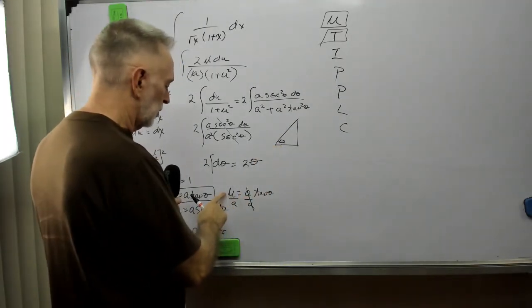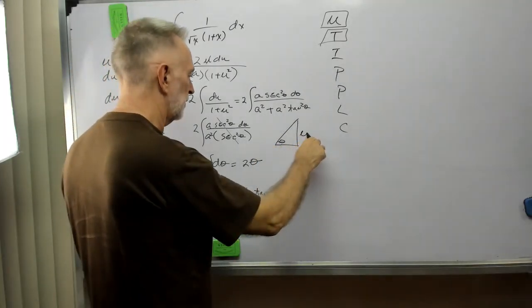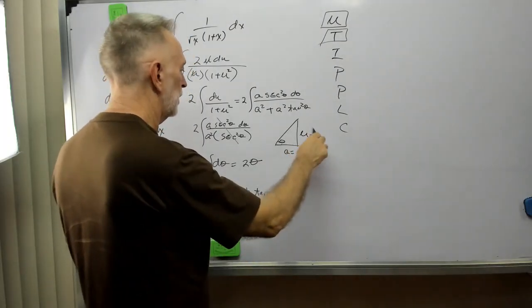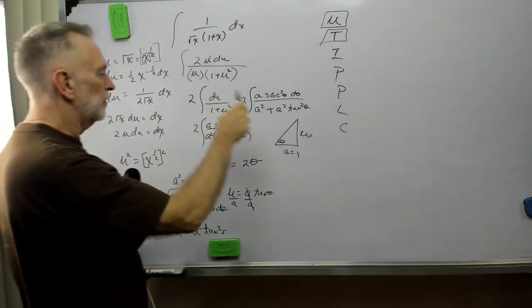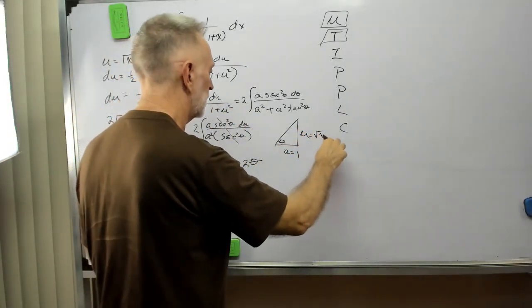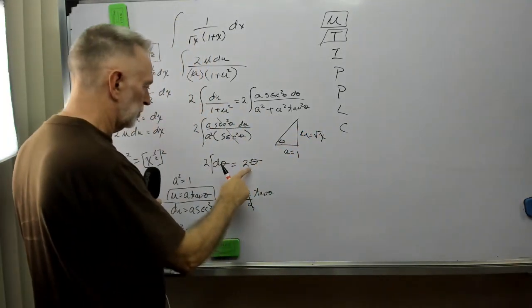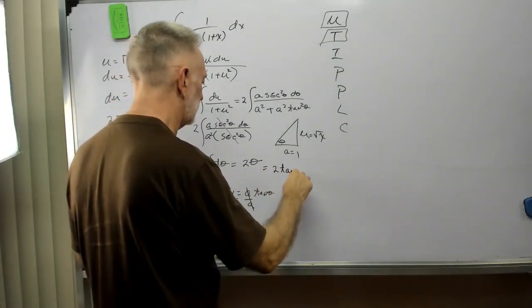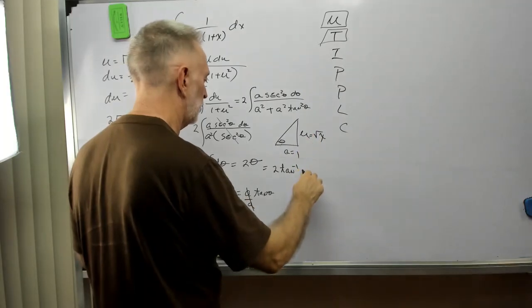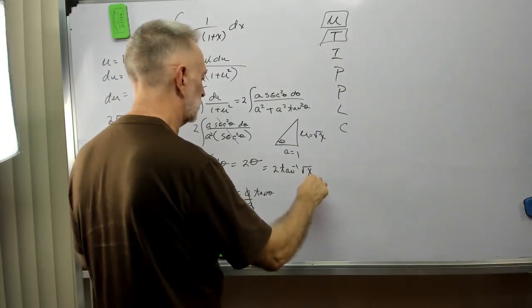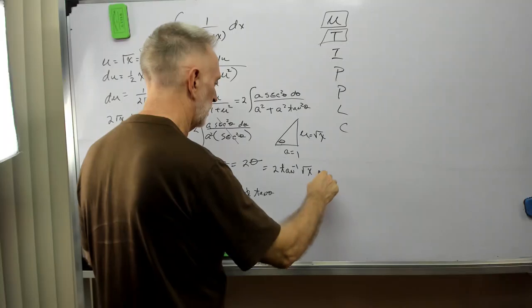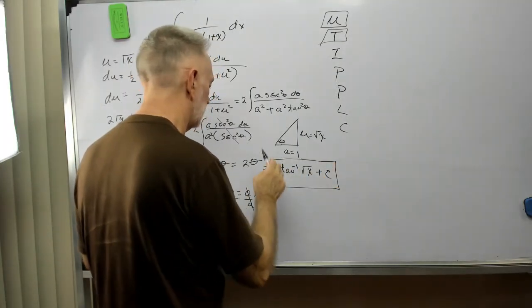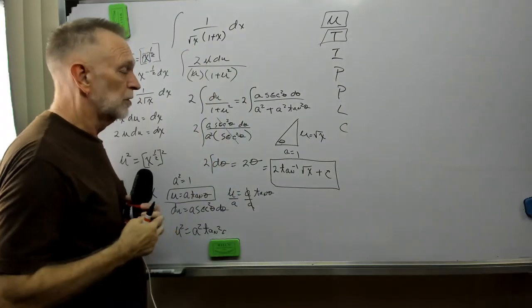So opposite over adjacent, right? Opposite over adjacent. a equals 1, u equals what? Square root of x. So 2 times theta, and theta then would be tangent inverse of u over a, which is square root of x over 1, plus c. And that, my friend, would be the answer to that integral.